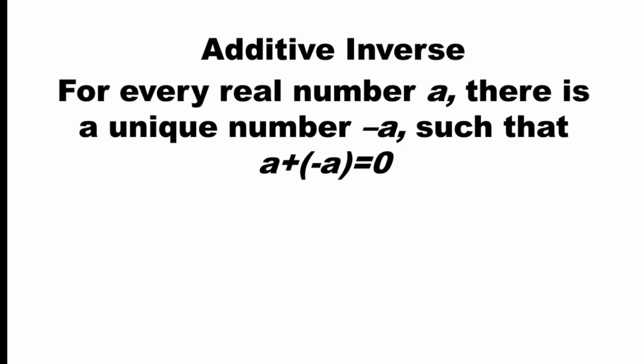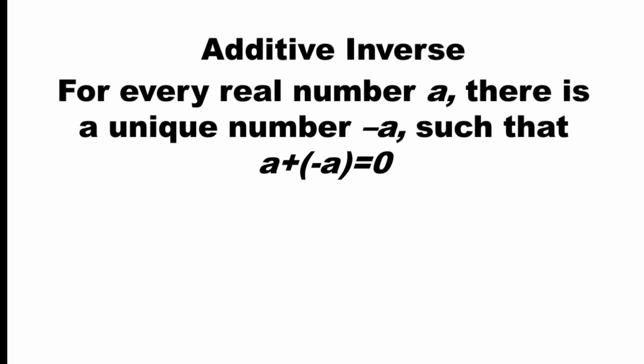We have the additive inverse. The additive inverse states that for every real number a, there is a unique number minus a, or negative a, such that a plus negative a is equal to 0. So the additive inverse makes a number, when added, the sum 0.